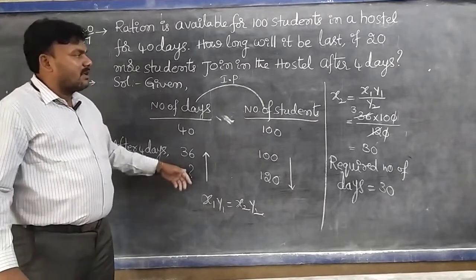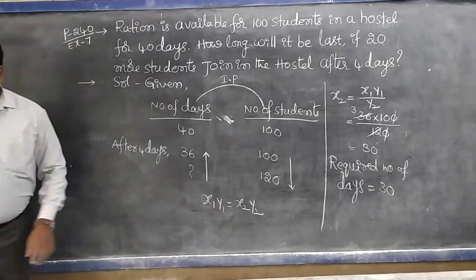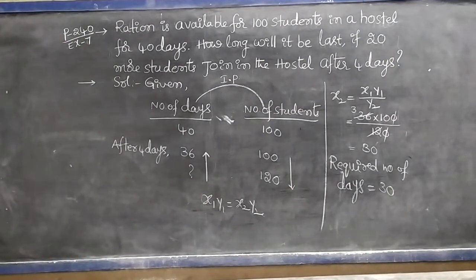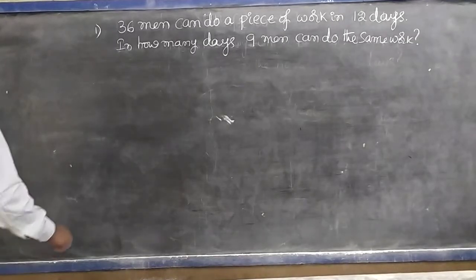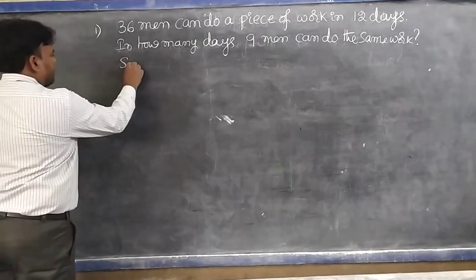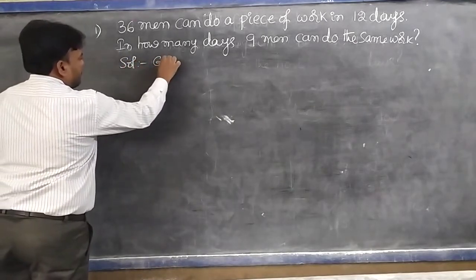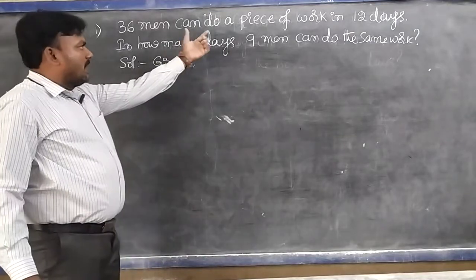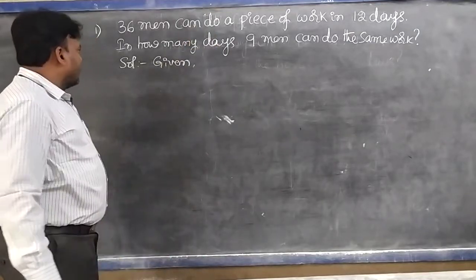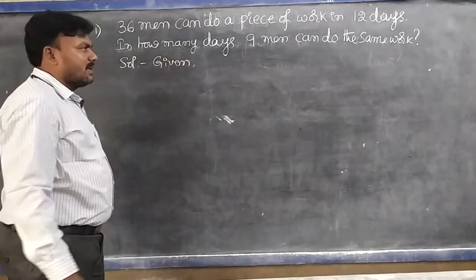Right, go for the next model problem. Observe students here. Solution given as usual. Observe the problem carefully. Here also, as they say, 36 men can do a piece of work in 12 days. In how many days can 9 men do the same work?